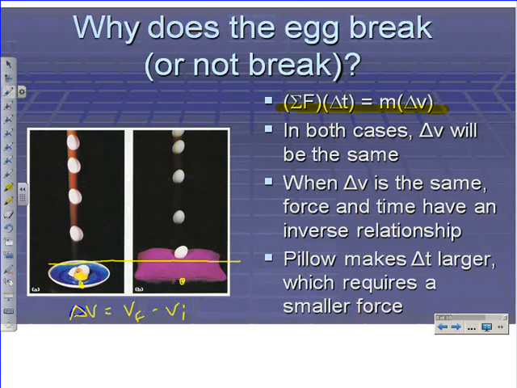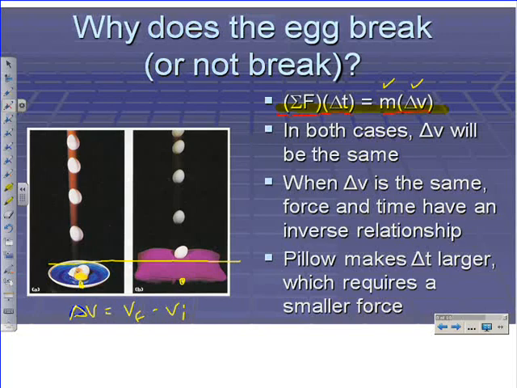If that's the case, if you look at the right-hand side of this equation, I told you to assume the eggs have the same mass, and they have the same change in velocity. The right-hand side of this equation must be the same. Those eggs experience the same change in momentum. If we look back, though, remember that change in momentum is caused by impulse.